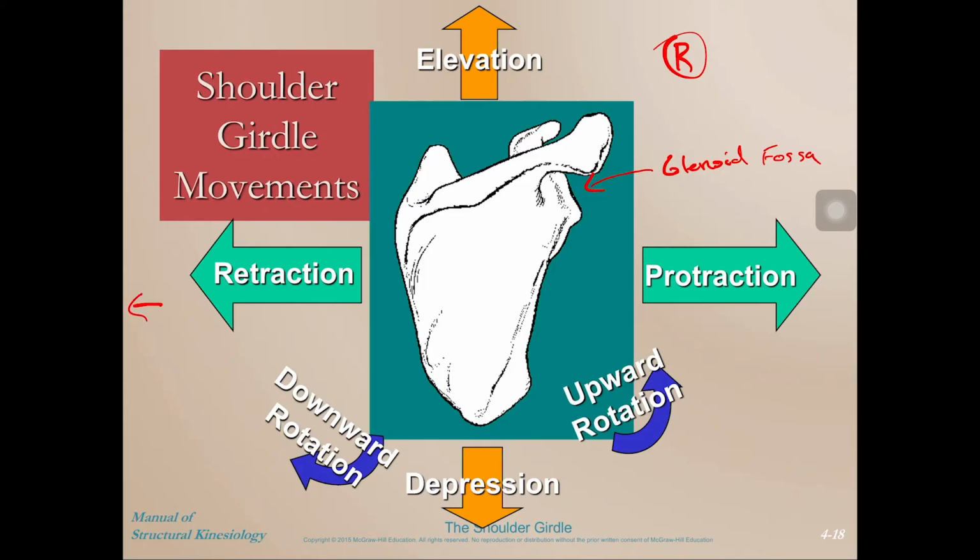So elevation is up, depression is down, protraction or abduction moves away from the midline. Retraction or adduction moves towards the midline, and remember it's also curving sort of around the rib cage. Upward rotation is when that inferior angle rotates upwards, and downward rotation is when it rotates right back down to the starting point.